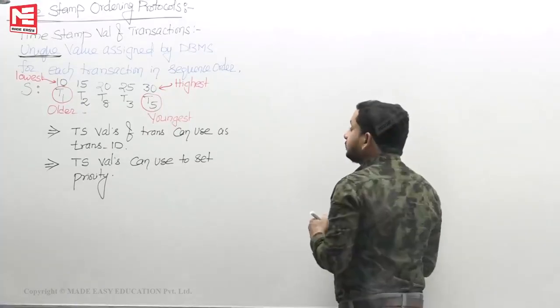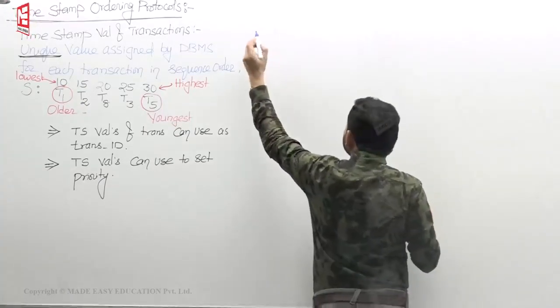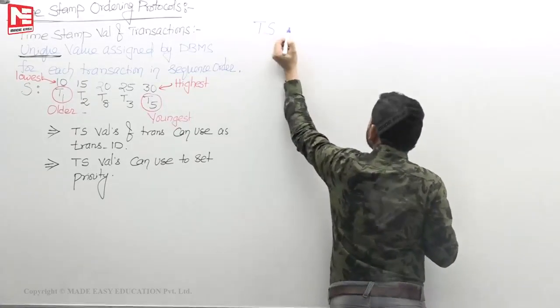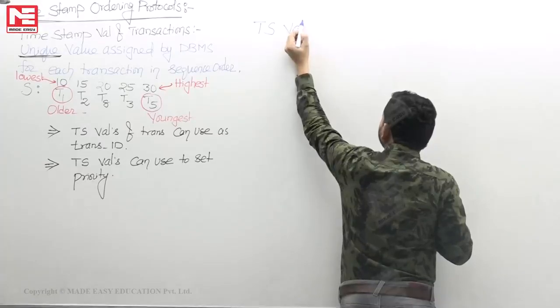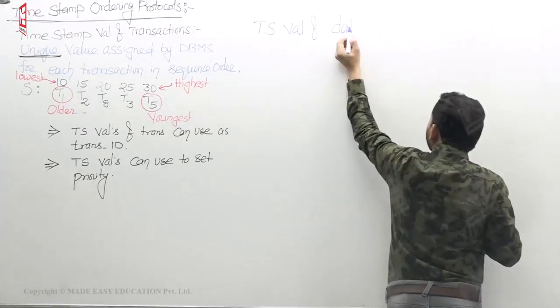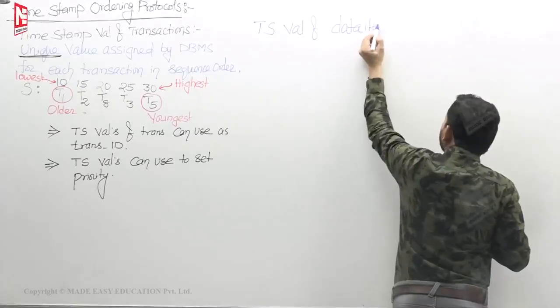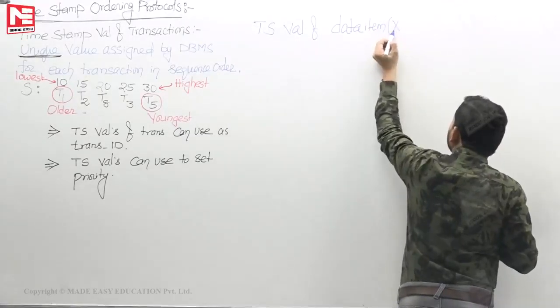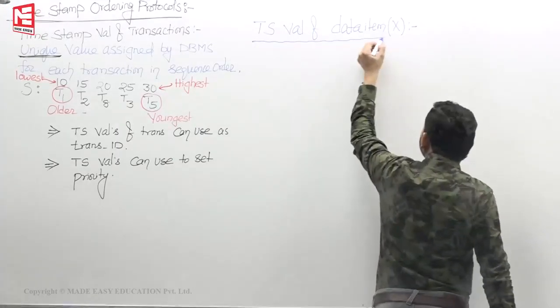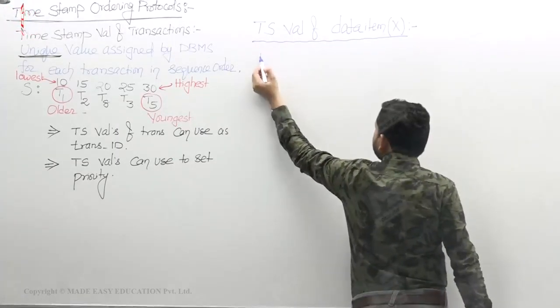Clear this? Next, there is the timestamp value for data items. Take data item X, one data item. For each data item, there are two timestamp values.